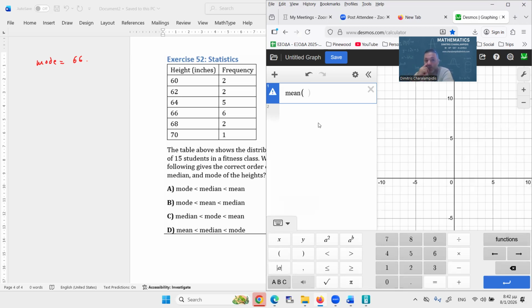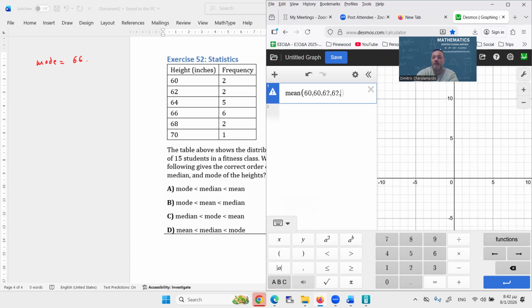We are not going to put just the 60 or just the 62. We will put 60 as many times as needed. Here we need 2 60s, so I'm going to put 60, 60. Then 2 62s, 62, 62. And the good thing about the mean is that as we progress, it recalculates the mean all over.